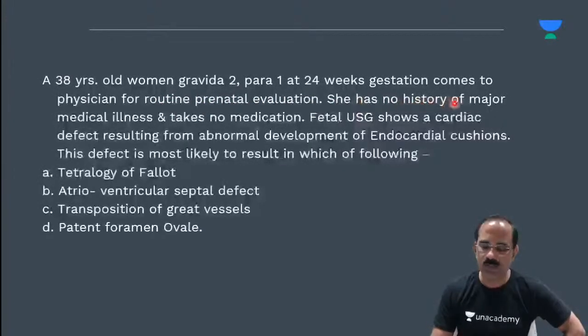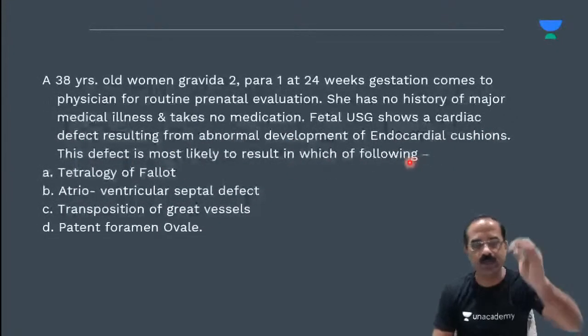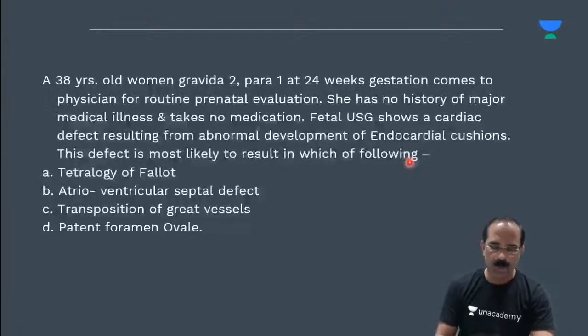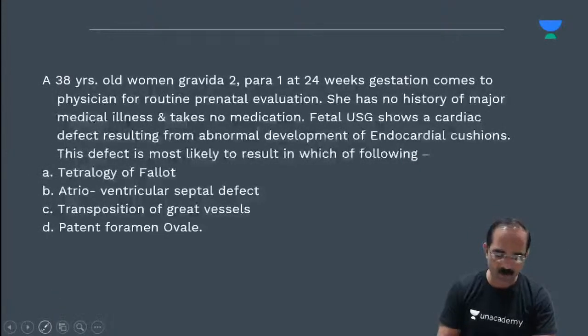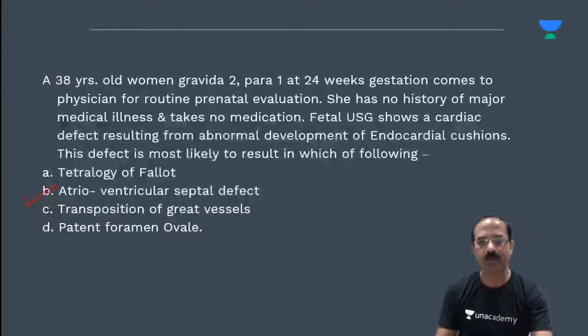She has no history of major medical illness and takes no medications. Fetal USG shows a cardiac defect resulting from abnormal development of endocardial cushions. This defect is most likely resulting in which of the following? Yes, students, the answer is AV septal defects.